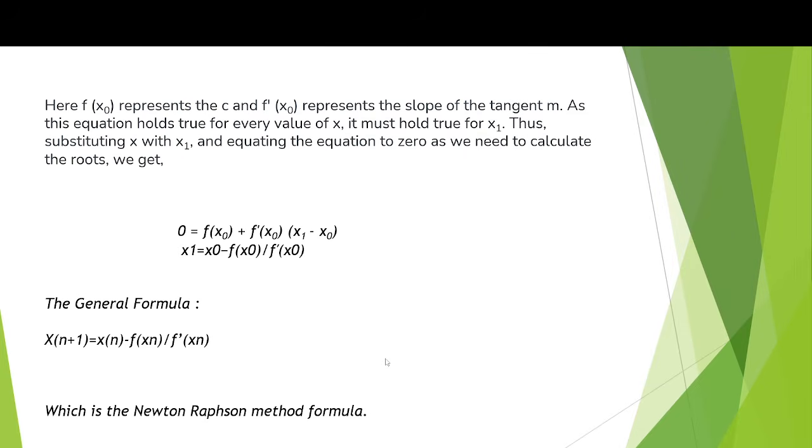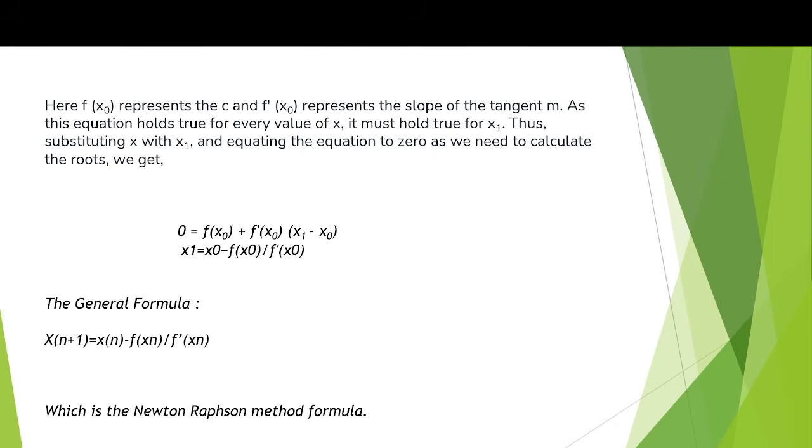Here f(x0) represents the intercept and f'(x0) represents the slope of the tangent, say m. As this equation holds true for every value of x, it must hold true for x1 also. Thus, substituting x with x1 and equating the equation to 0, as we need to calculate the roots, we get x1 = x0 - f(x0)/f'(x0).